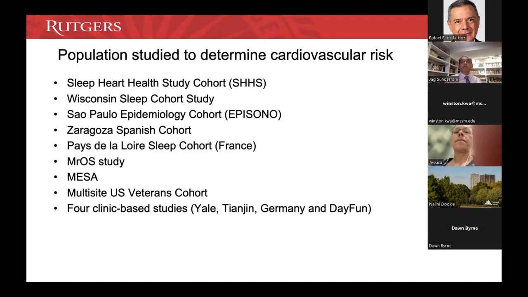And then there are additional studies out of other countries, including Brazil, Spain, France, and then within the US itself, sleep has been studied within a subset of other studies looking at, for instance, osteoporotic fractures in older men, called the MrOS study, the MESA study, which was looking at atherosclerotic risk and cardiovascular risks in a community, the US veterans, and then the data I'm also going to present is in some large clinic-based studies.